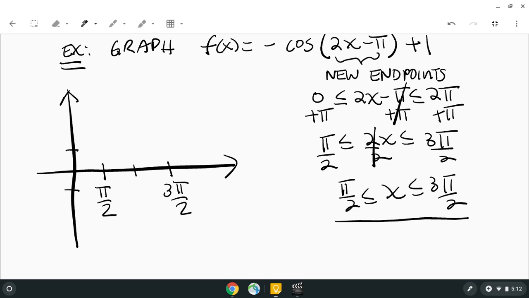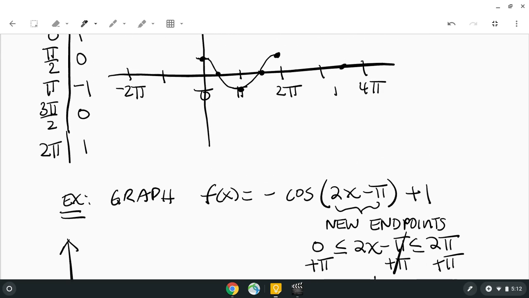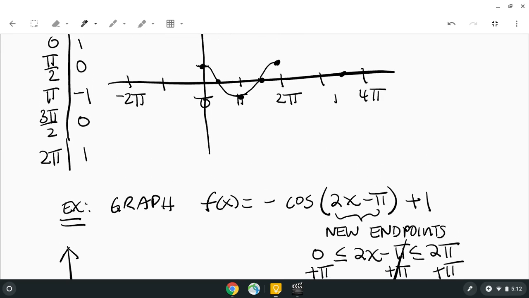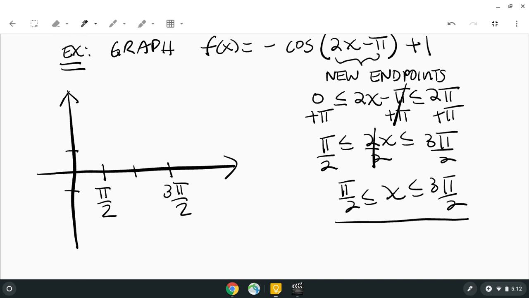Okay, so let's go ahead and plot those 5 points. And here's pi over 2 and 3 pi over 2. All right, and we know the equation, let me bring it down.